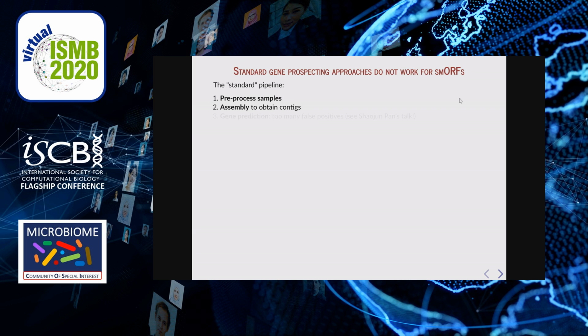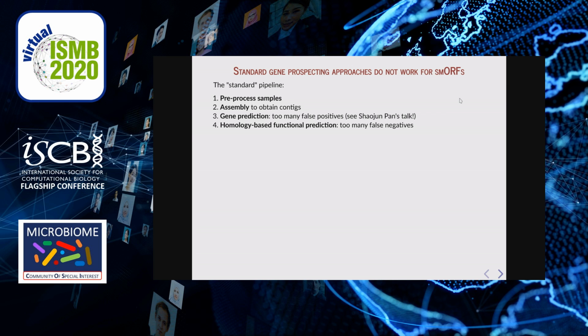Then the problems start when you want to predict genes, because the traditional methods give you too many false positives, and Xiaojun Pan will give a talk about that just after mine. The traditional homology-based functional predictions have the opposite problem. They give you too many false negatives, because for these very short sequences the heuristics fail, and it's just very hard bioinformatically.